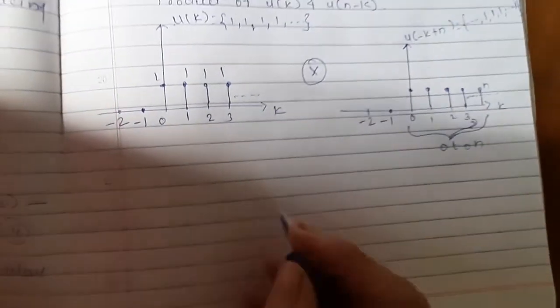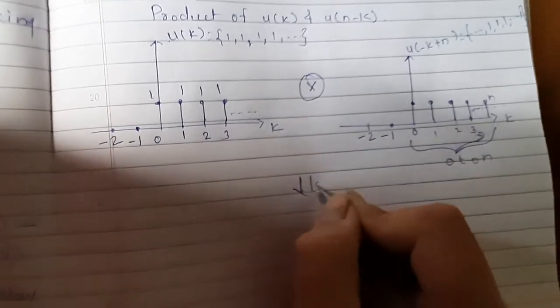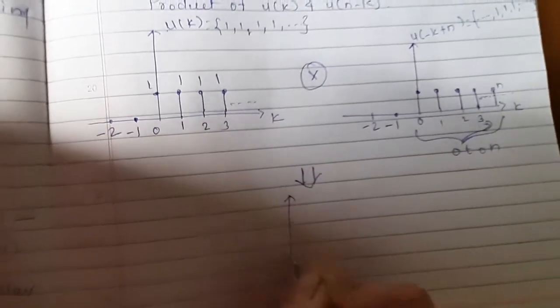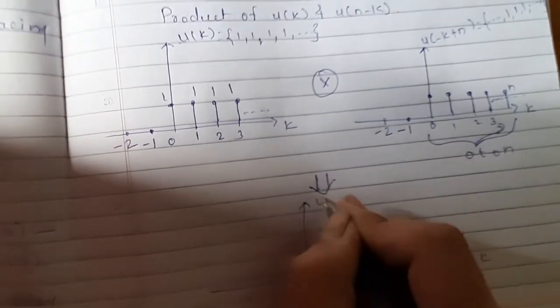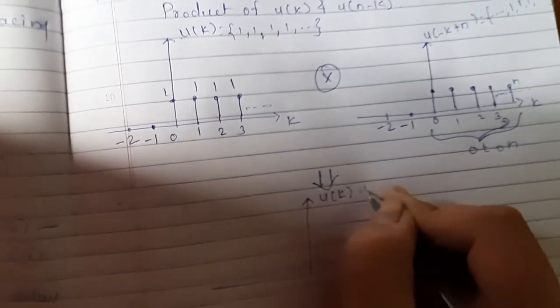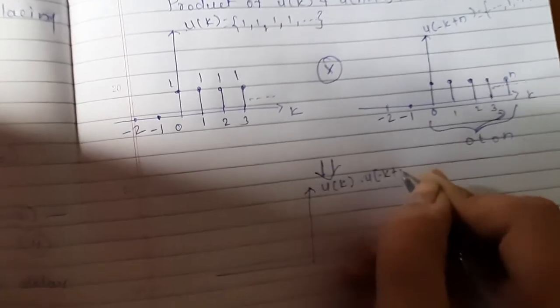So product of both these, the answer is, this is k, this is u of k dot u of minus k plus n.